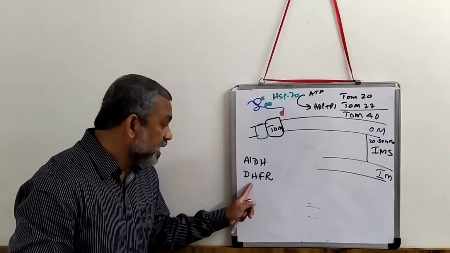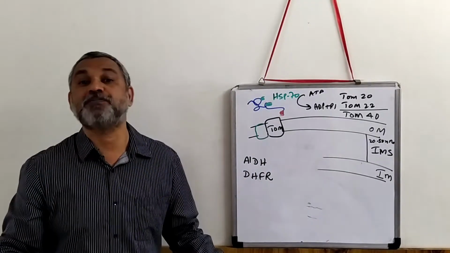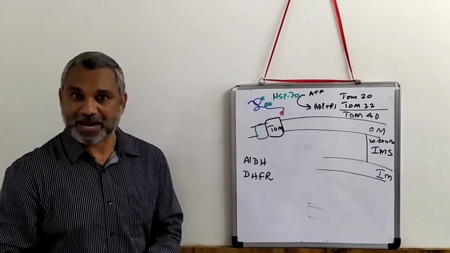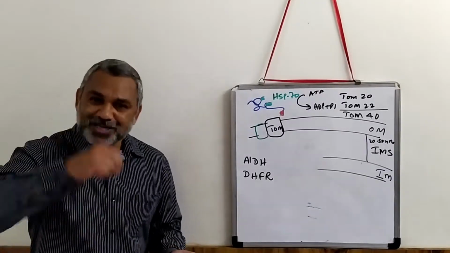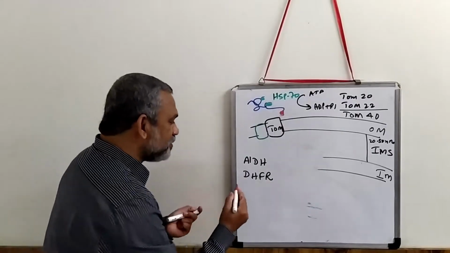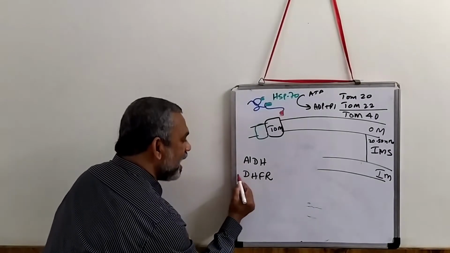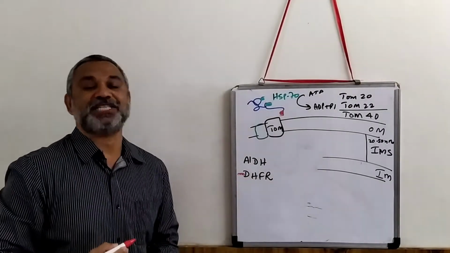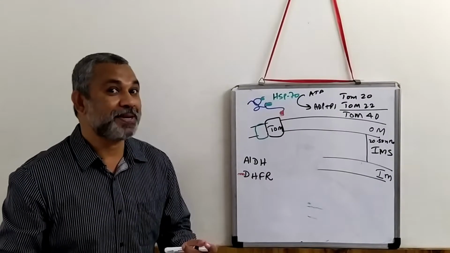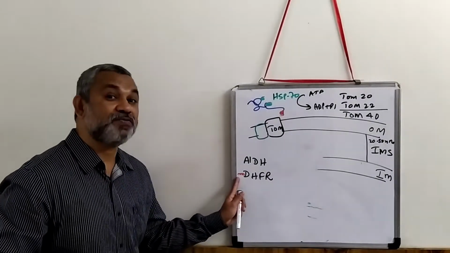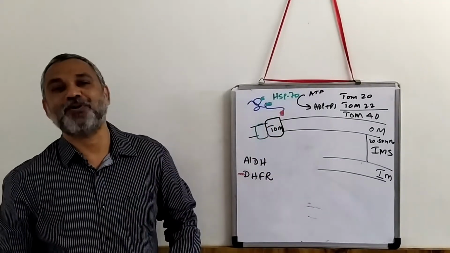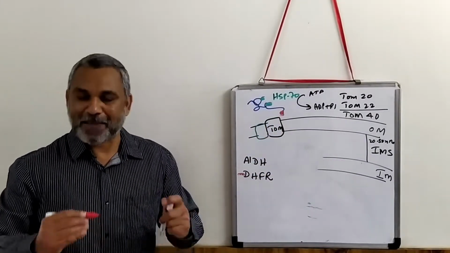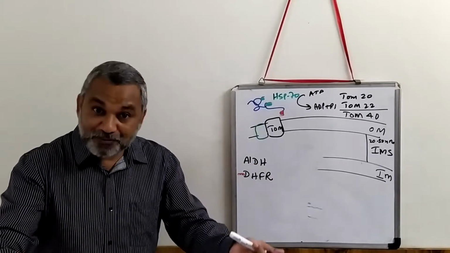By all means, DHFR should not be transported into the mitochondrial matrix because it does not have the signal. What scientists have done is they have taken the signal from here and attached it to DHFR. Because of the signal, DHFR will be recognized by the TOM complex and transported into the mitochondrial matrix.